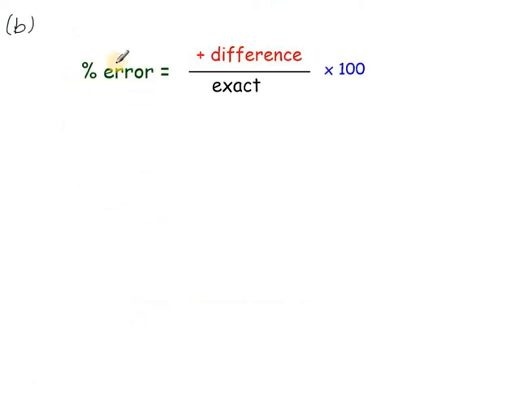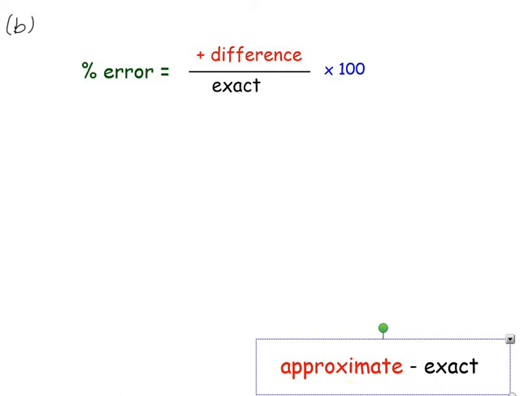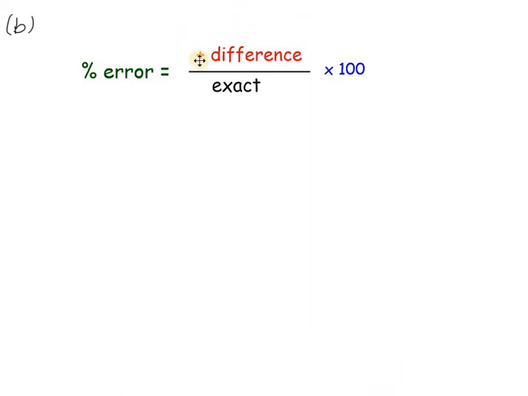Okay, so the percentage error is the positive difference between our two values, the approximate and the exact one, divided by the exact value times 100. To get a positive difference, you can either do the exact minus the approximate value, or the approximate minus the exact. It's basically the largest one minus the smallest one in the numerator.